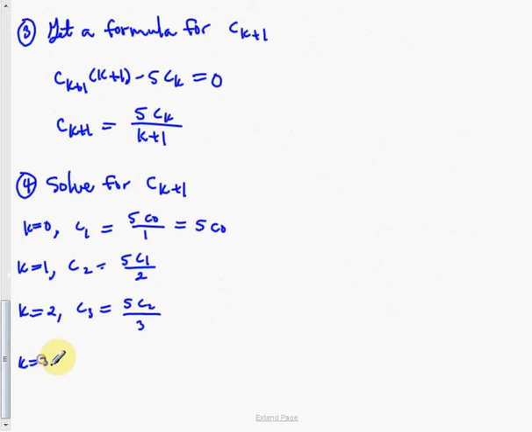If k is equal to 3, C sub 4 is equal to 5 C sub 3 all over 4. Let's do one more here. If k is equal to 4, C sub 5 is equal to 5 C sub 4 all over 5. All right?